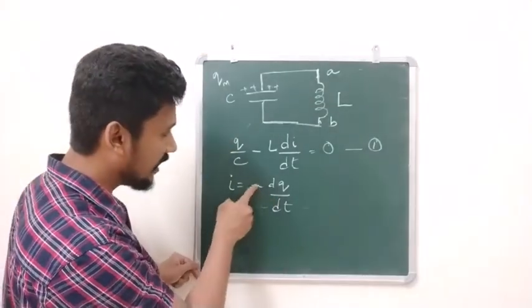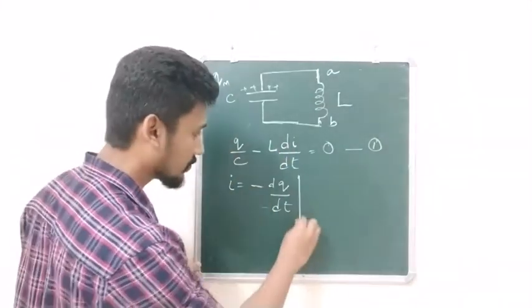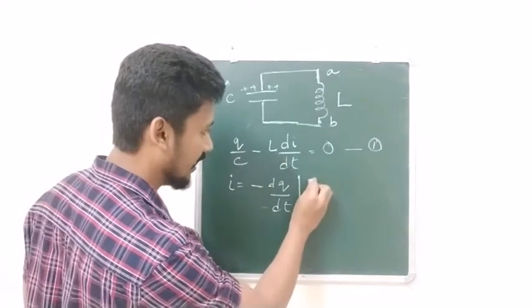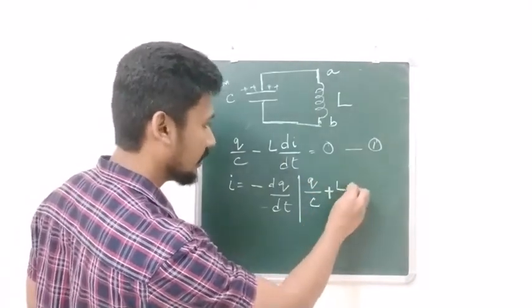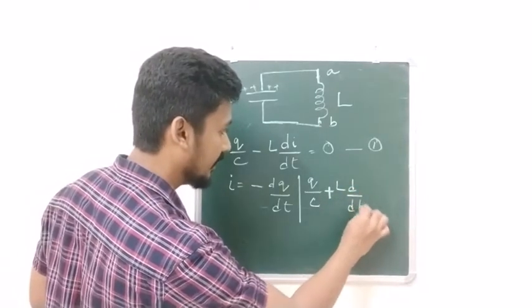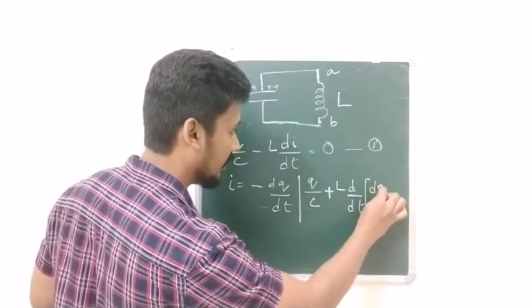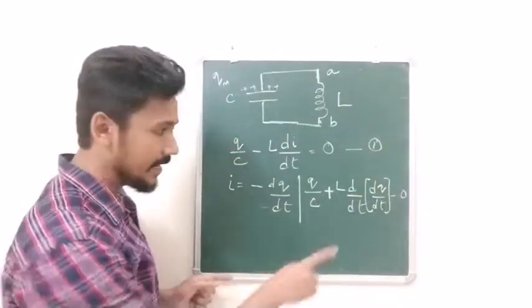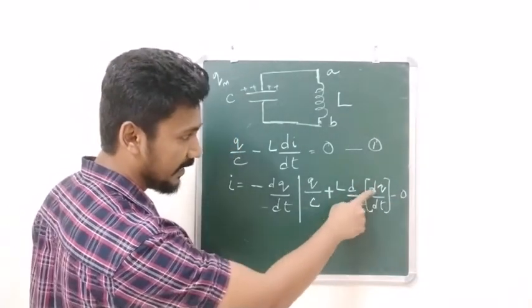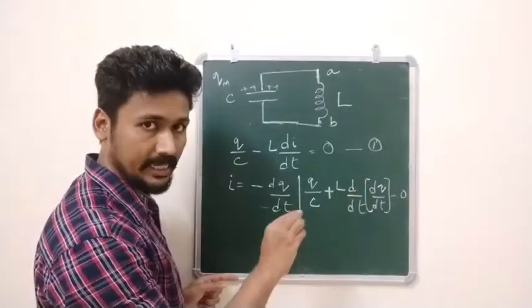So using this relation in equation number 1, we will get Q/C plus L d/dt, and here I will write dq/dt, equal to 0. Now this term, d/dt into dq/dt, gives the square function.